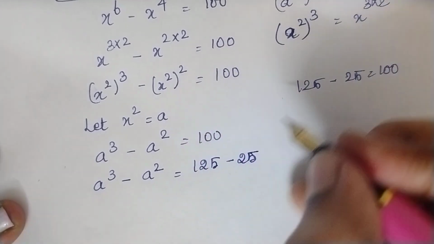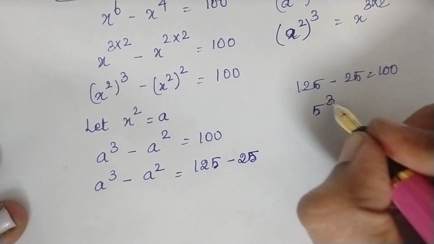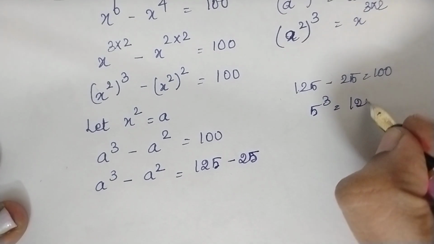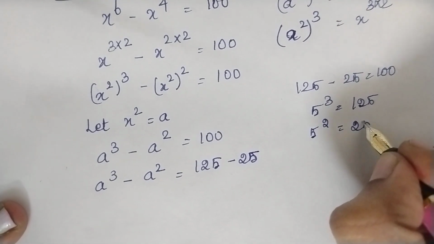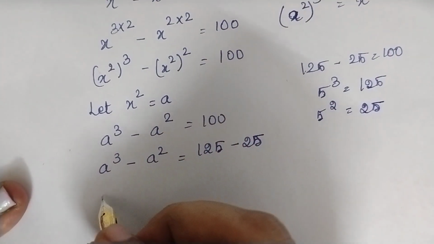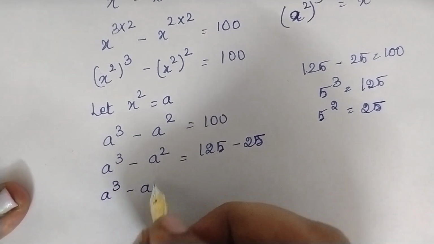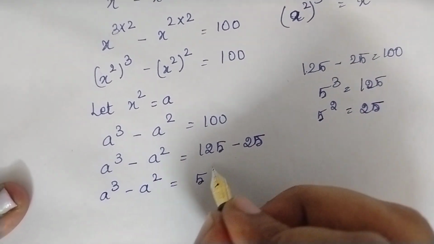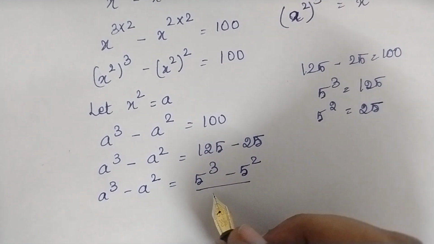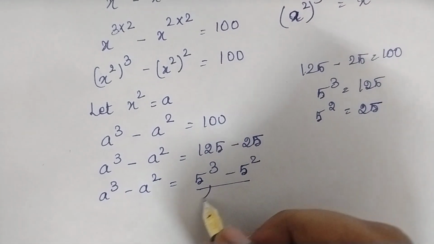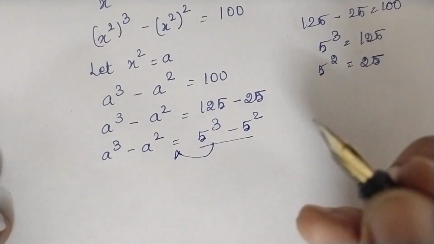Okay, so we obviously know that 5 cube is equal to 125, 5 square is equal to 25. So just replace that here. Therefore a cube minus a square is equal to 5 cube minus 5 square. So now I am going to shift this whole term towards the right hand side.